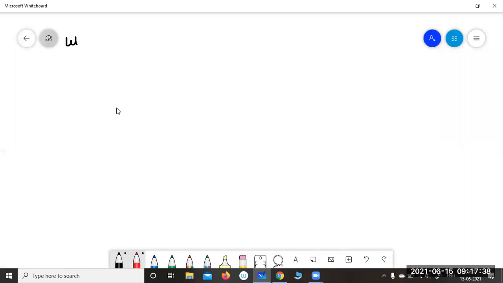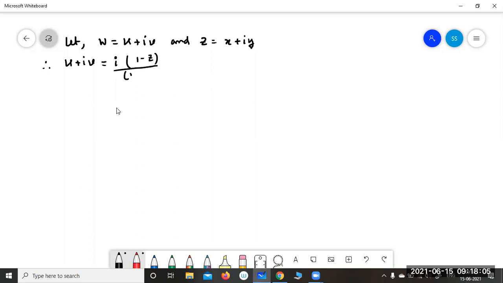For the second part, let W equal to U plus IV. We know that W equal to U plus IV and Z equal to X plus IY. Isn't it? So U plus IV, by the bilinear transformation we already have, is equal to I into (1 minus Z) by (1 plus Z).